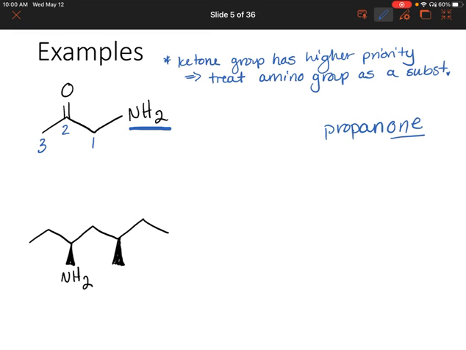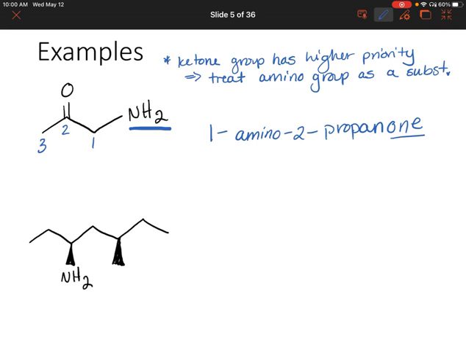Now we do want to indicate where the ketone group is, so that would be on carbon 2, 2-propanone. And now we're going to list our substituents in the front. So the amino group is on carbon 1, so we would write 1-amino-2-propanone.